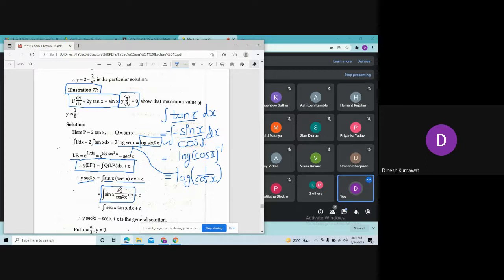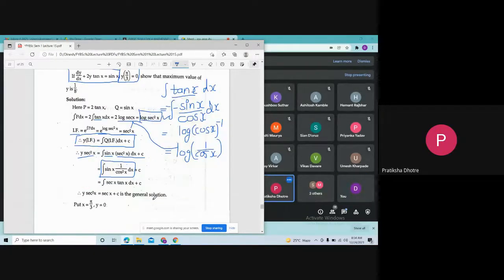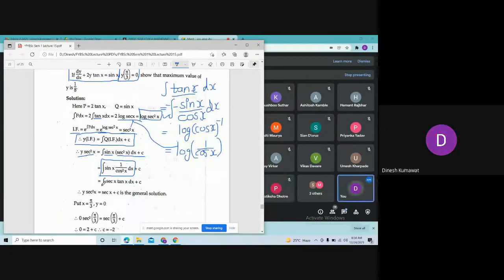So this becomes integration of minus dt upon t square. Using that also you can find the integration. Is that clear? Okay, here we are getting it straightforward. So the integration of this is nothing but sec x plus c. So this is our general solution. Is it clear to everyone?